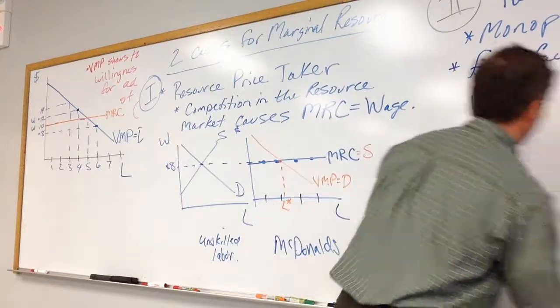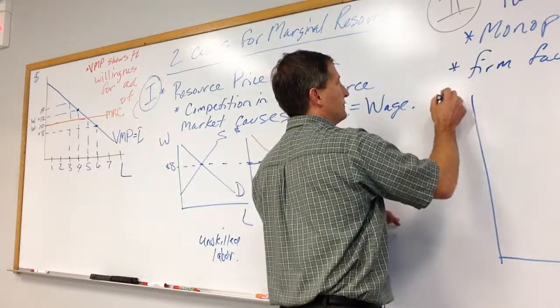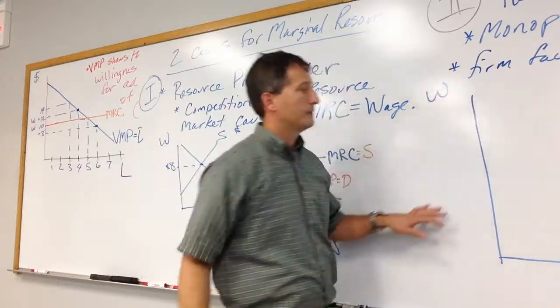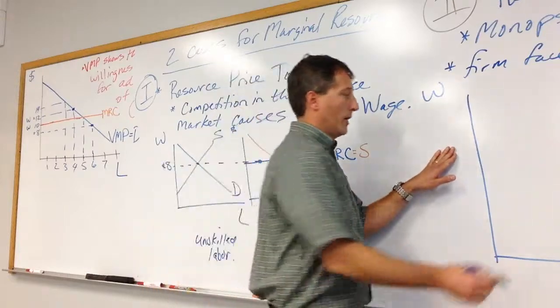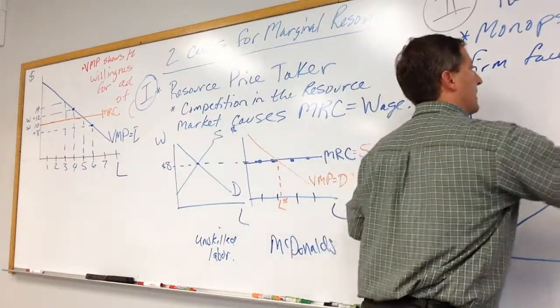And so now, draw another picture, nice and big here, with an upward sloping supply curve.